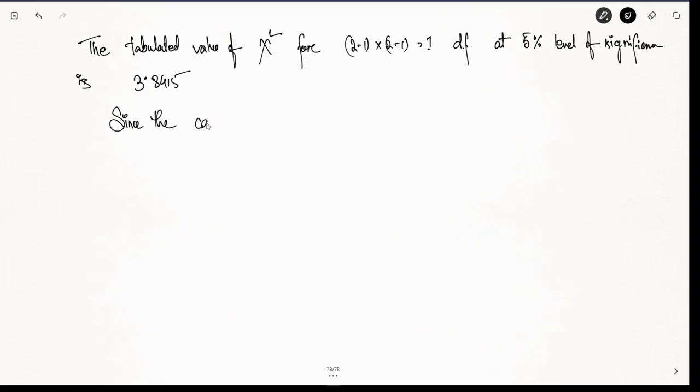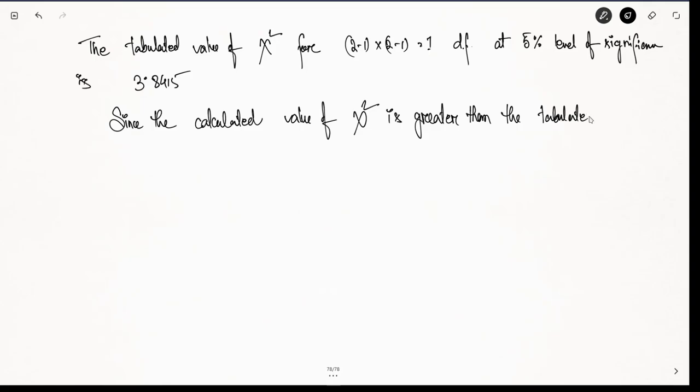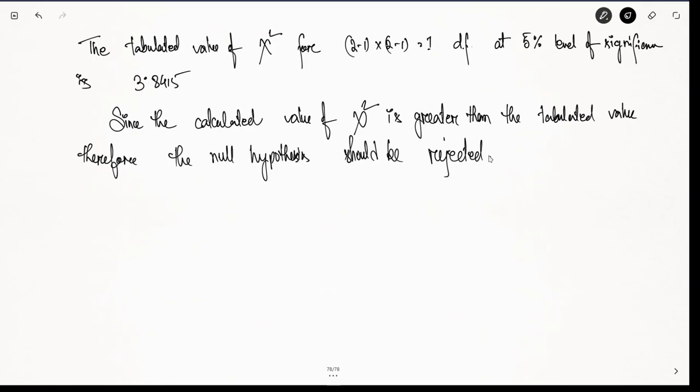Since the calculated value of chi-square is greater than the tabulated value, therefore the null hypothesis should be rejected. We should reject the null hypothesis, right?